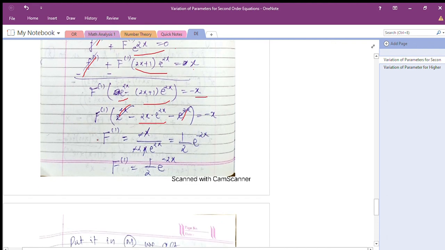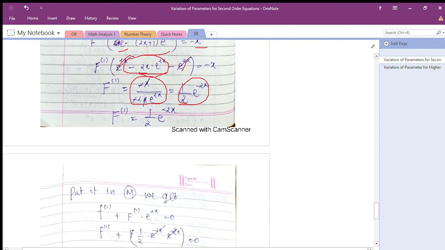So capital F1 will be minus x divided by minus 2x e raised to 2x. After that you will get 1 by 2 e raised to minus 2x. So capital F1 is equal to something like this.